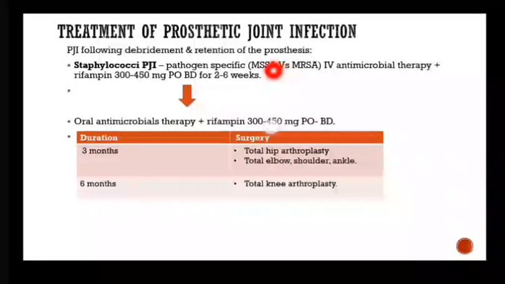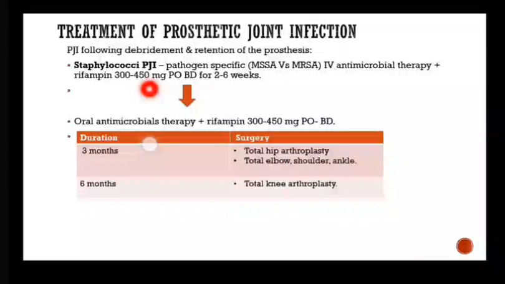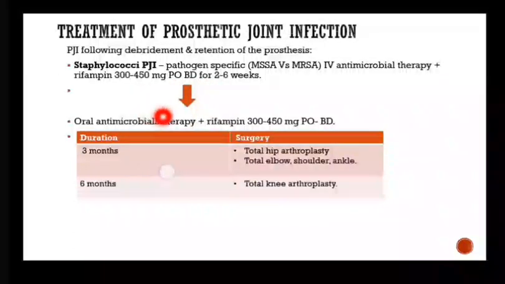We use the pathogen specific antimicrobial therapy in IV form along with rifampin 300 to 450 mg oral twice a day for 2 to 6 weeks, then followed by oral antimicrobial therapy plus rifampin 300 to 450 mg oral twice a day. The oral antimicrobial therapies, such as levofloxacin, can be used.